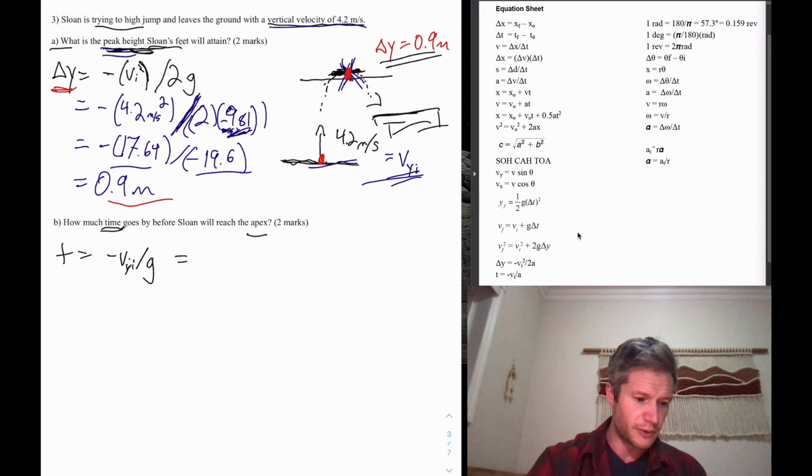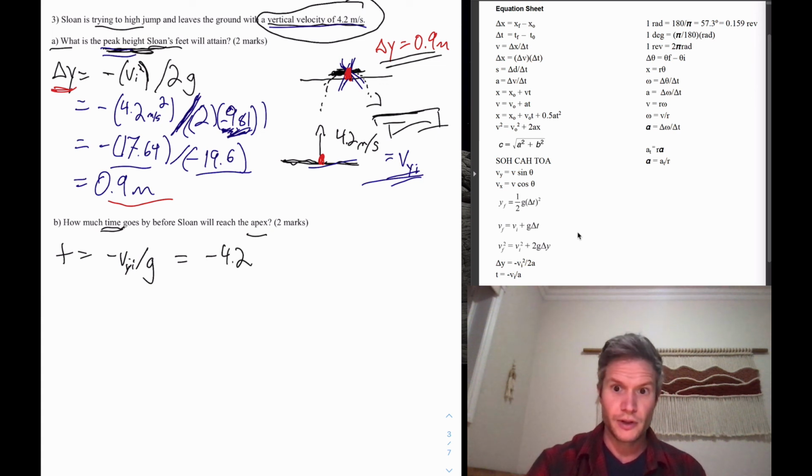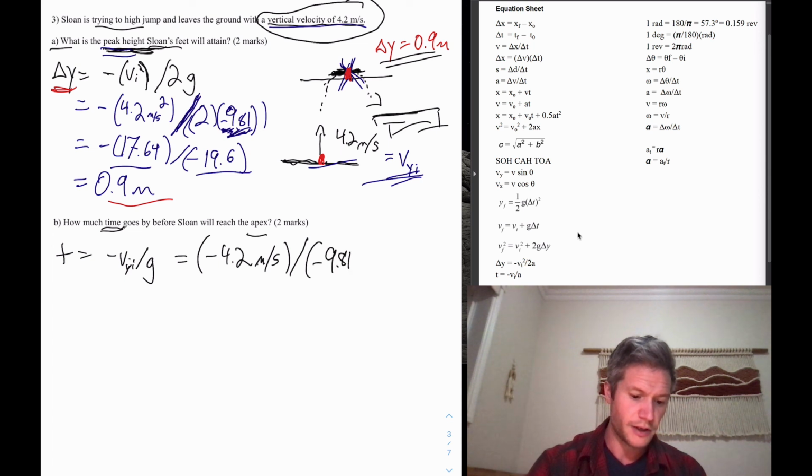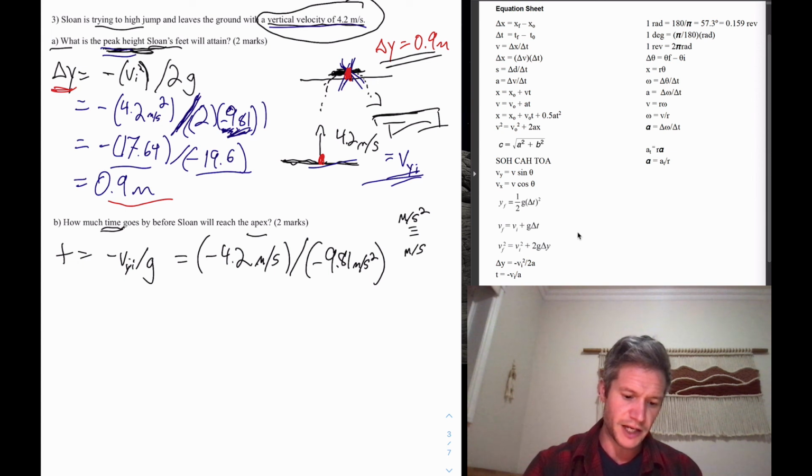So that also equals our vertical velocity, again, initial. So that's negative 4.2 meters per second, and that's going to be over top of a negative 9.81 meters per second squared. And again, just as a reminder, our acceleration, meters per second squared, is essentially equivalent to saying meters per second per second.